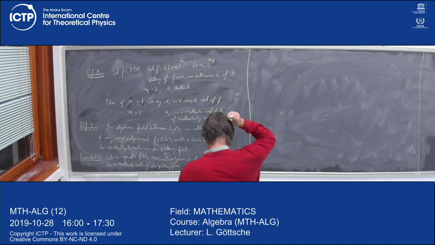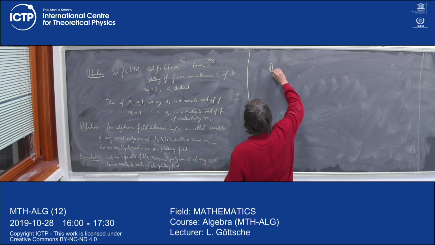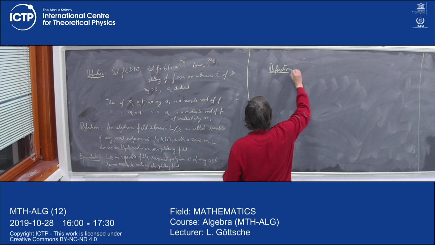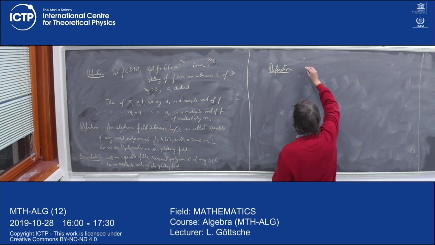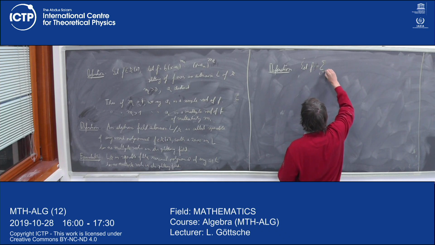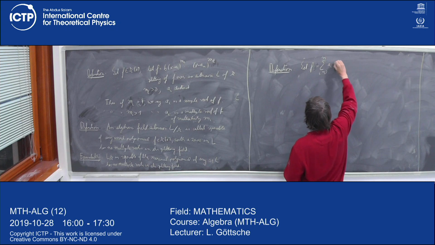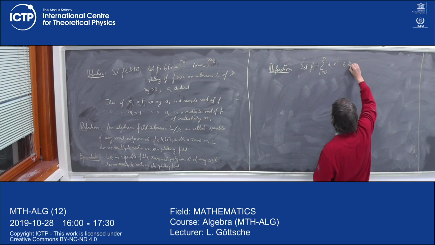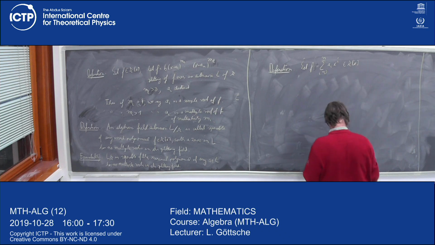So, for the definition. Let f be a polynomial, the sum from i equals 0 to n of a_i x to the i, with coefficients in k.